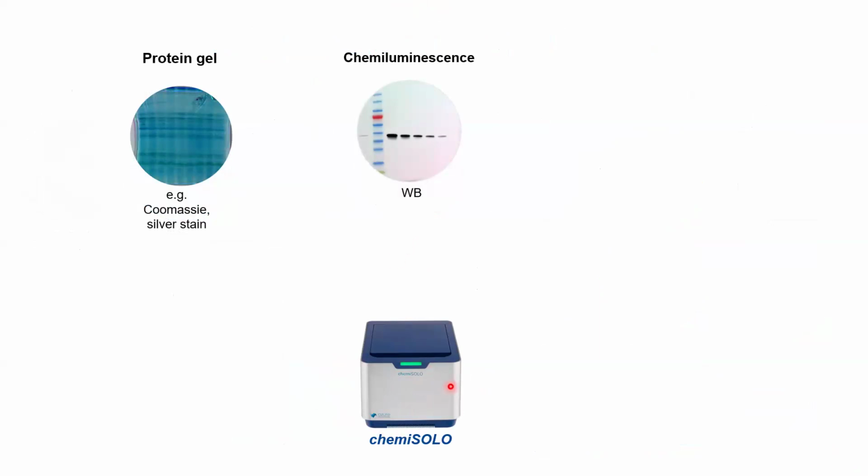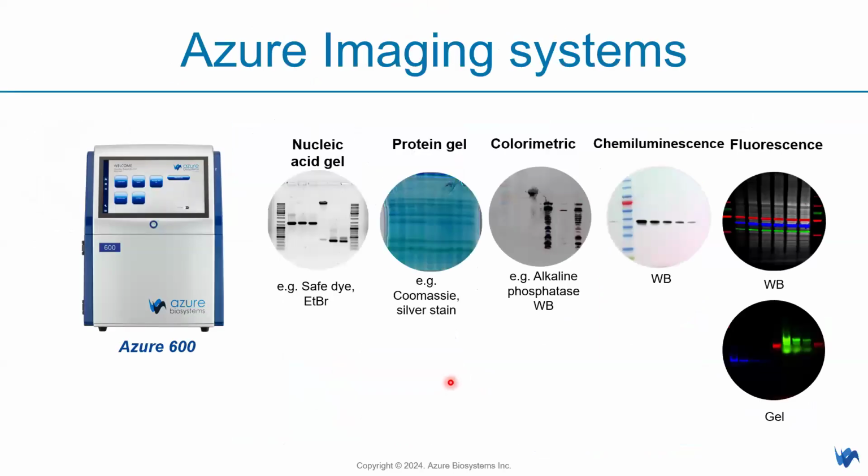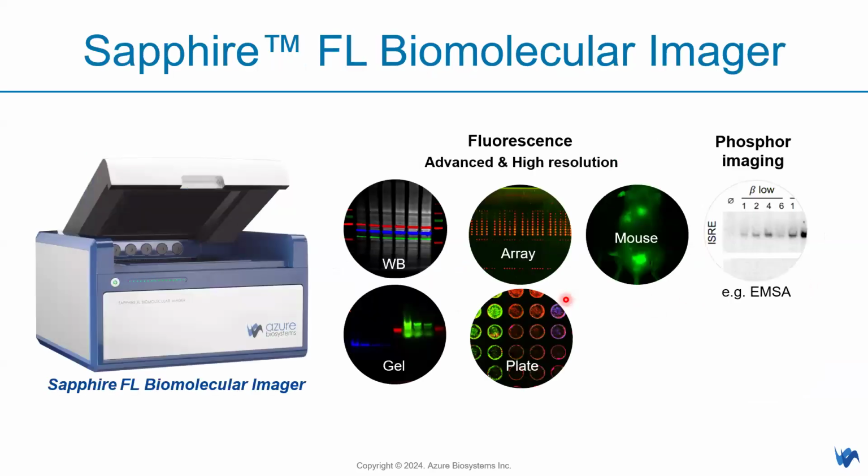Next we have Azure Imaging Systems. Here I listed Azure 600, which is our highest spec model. It can do all your general nucleic acid applications, protein gels, colorimetric applications, chemiluminescence imaging, and fluorescence signal imaging as well. And next we have Sapphire FL Biomolecular Imager.